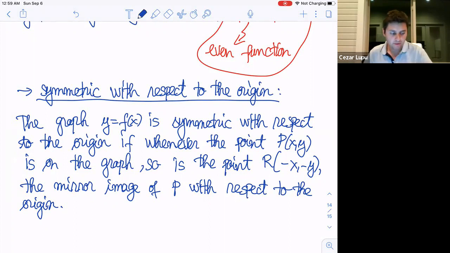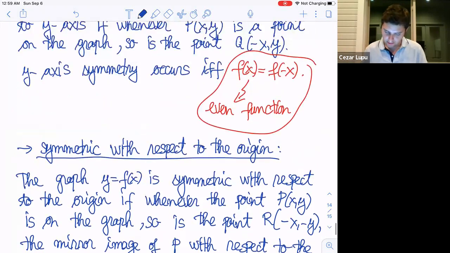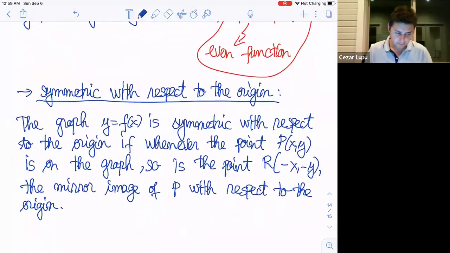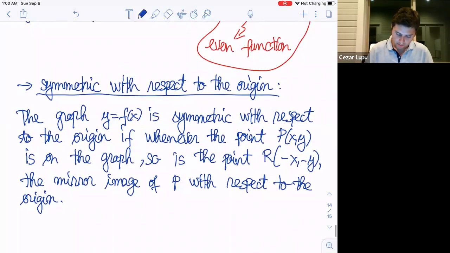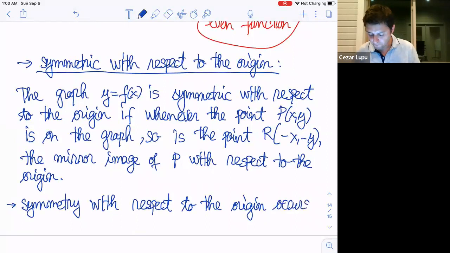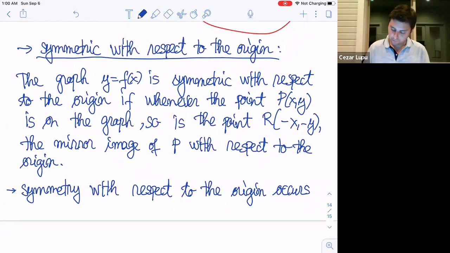Well, we will call such a function, so symmetry with respect to the origin occurs when f of negative x is the same as negative f of x.